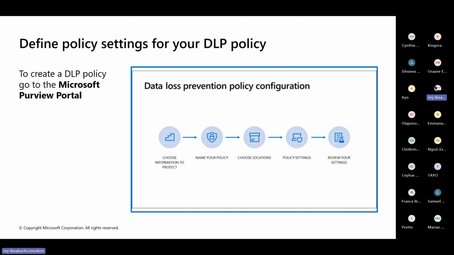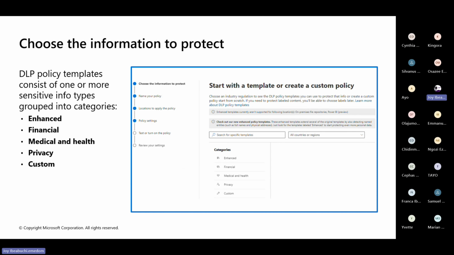Now, simple. We have known our data, identified and classified them, created even possible labels. Now we want to define the policies that help us to action the conditions that we want on those data. And what do we do? Simple. We go ahead to create a DLP policy in Microsoft Purview. Now, Microsoft has given us so many templates that you can play around with.